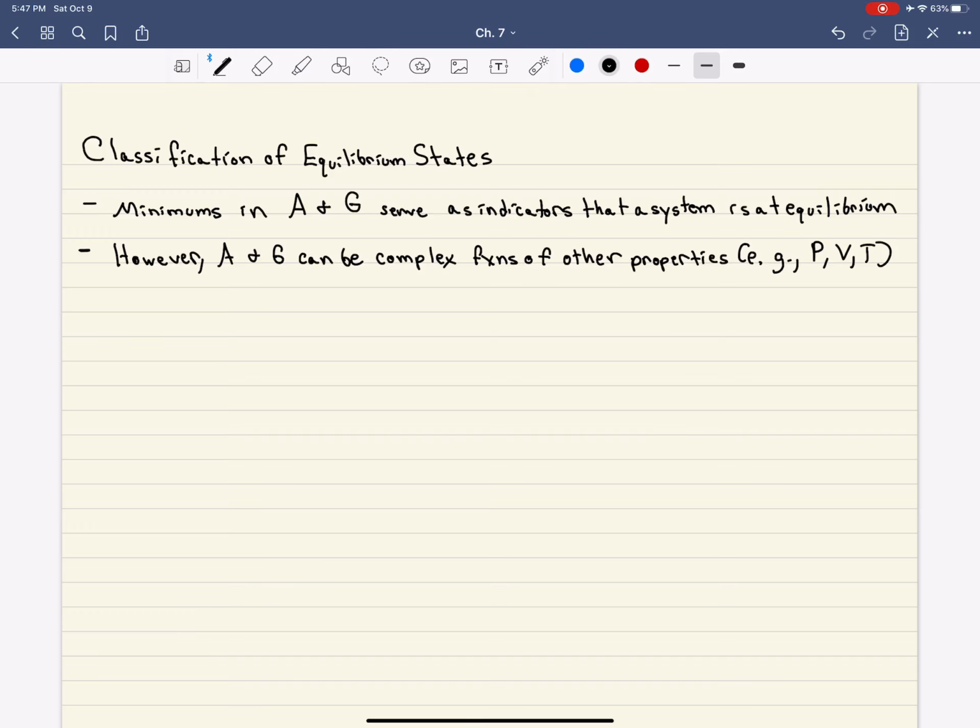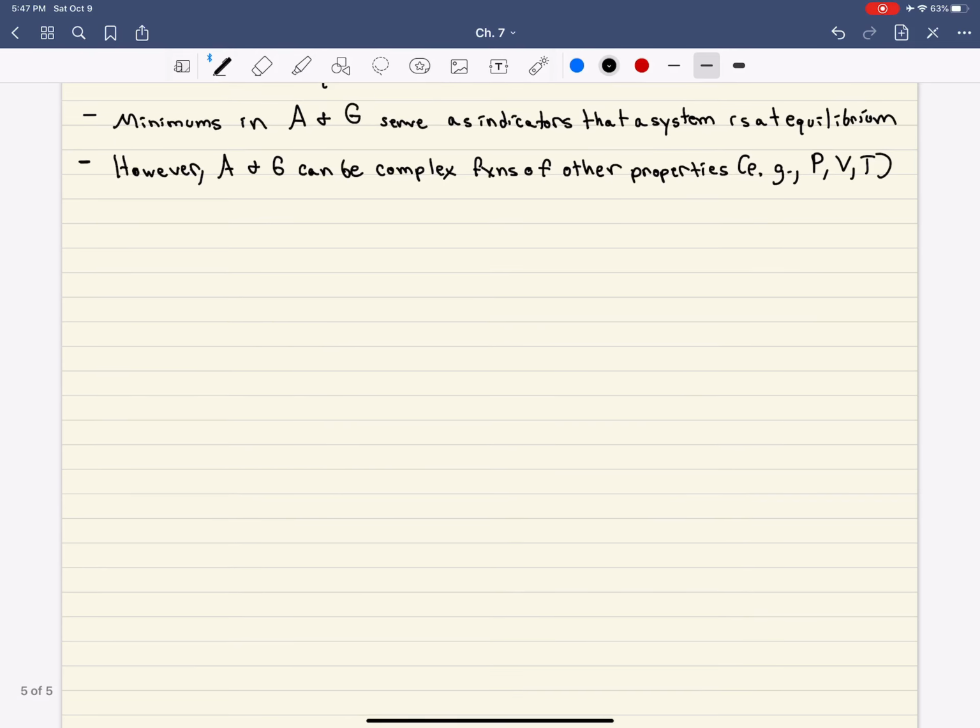Okay? And so in order to overcome these complexities, or at least be on the same page about these complexities, we need to define some terminology so that we can be more precise in our conversations and discussions about equilibrium.